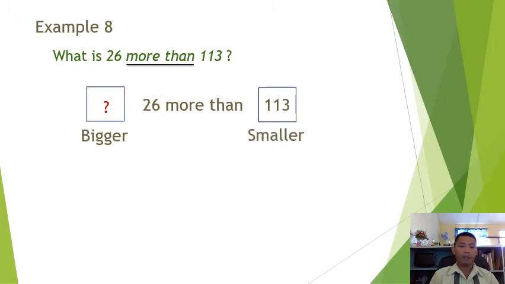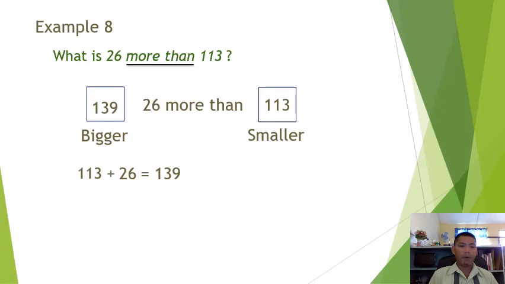Since the number is more than 113 by 26, we will just add 113 and 26, and that is 139. So the number that is 26 more than 113 is 139.